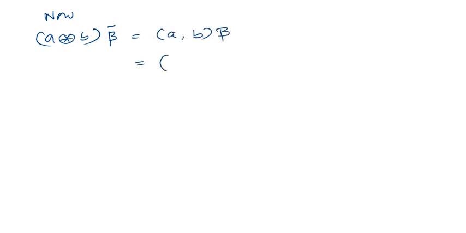Now, A tensor B of beta tilde, by definition of beta tilde, is AB of beta, but this A is equal to A1 S1, so A1 S1 B of beta, and beta is a bimap. Name the equations you have just written 1, by 1.